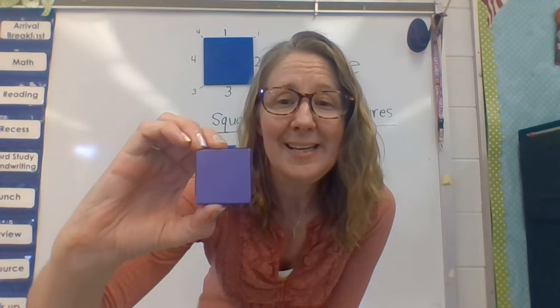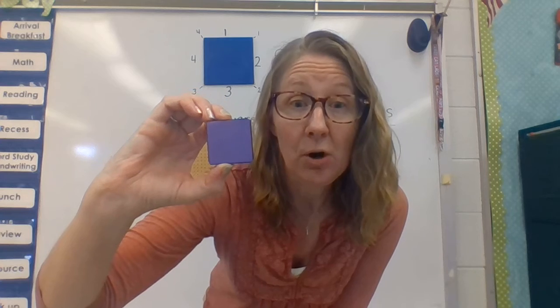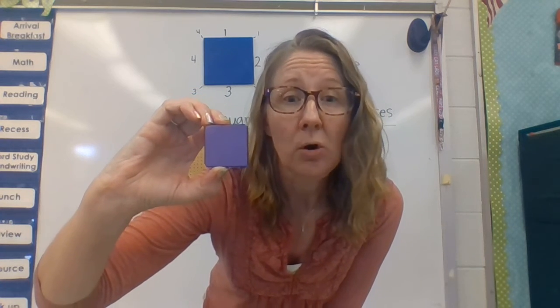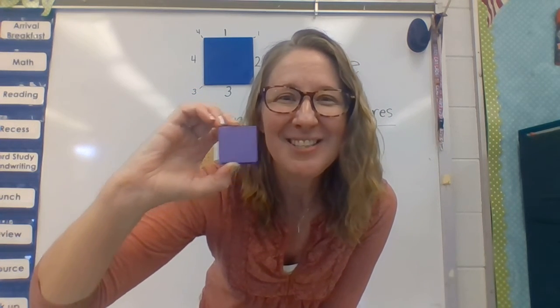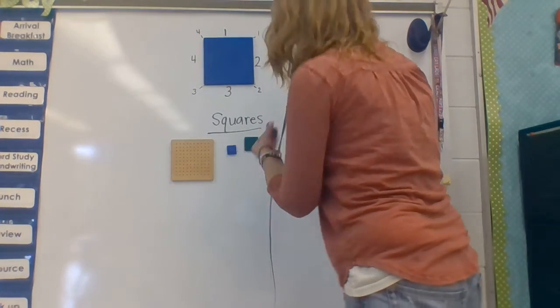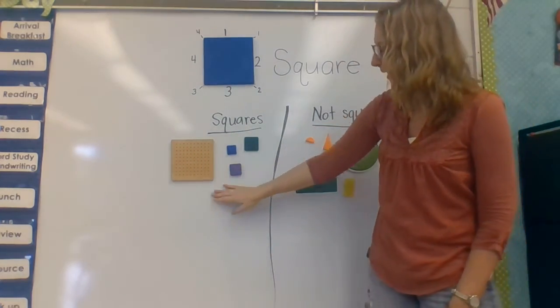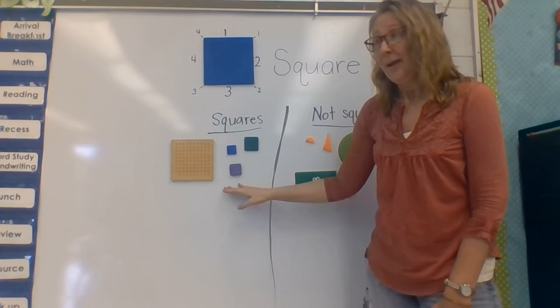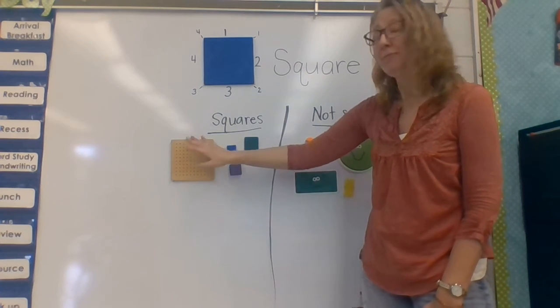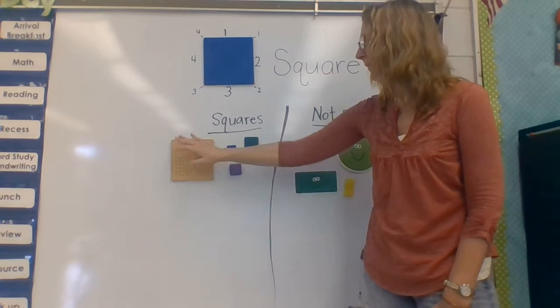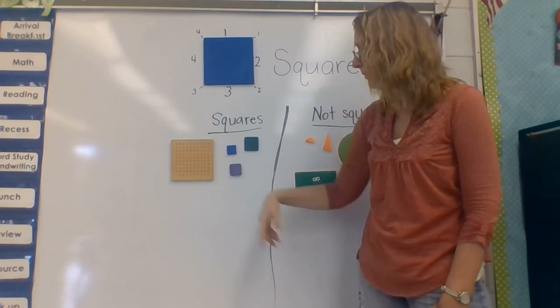One more. You're doing great at sorting shapes with me. What is this? Look, 4 sides that are all the same and 4 corners. It is a square. All right. So here we have our squares. They are the same because they all have 4 sides that are the same length and they all have 4 corners.